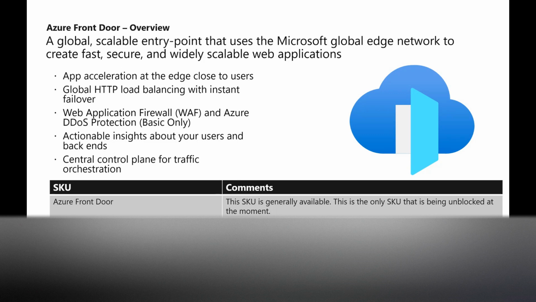Whenever a request comes, let's say somebody is trying to access your web application that you are hosting behind Front Door, and they open your application on a mobile phone with bad network connectivity, this request will go to the closest edge to that customer.